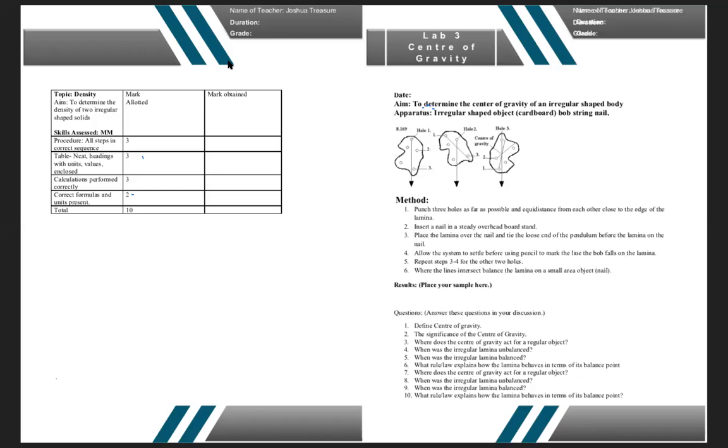When was the irregular lamina balanced? When you placed it on the pin, right?